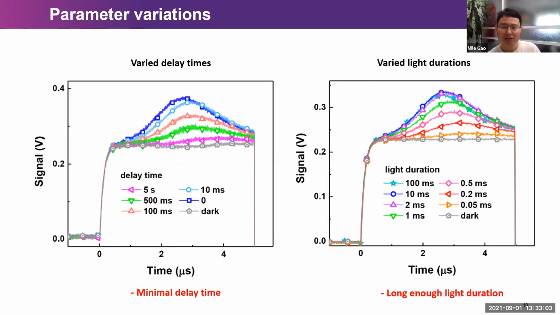So we measured the hole mobility of neat ERP films utilizing a range of delay times, which is shown in the left figure, and a range of light durations shown in the right figure.